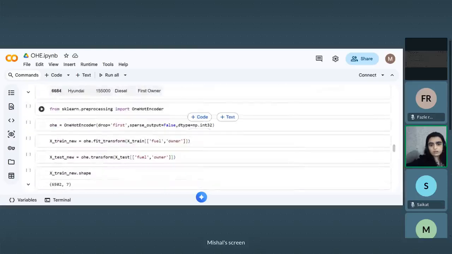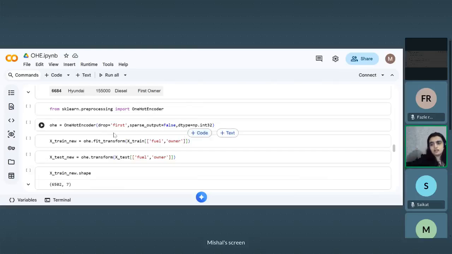So here we are importing OneHotEncoder from sklearn.preprocessing, like we did for imputation. From there we imported SimpleImputer from sklearn, and here we are importing OneHotEncoder. Now how can we apply it? Same steps. We need to make its object first, so we need to mention these parentheses after it.